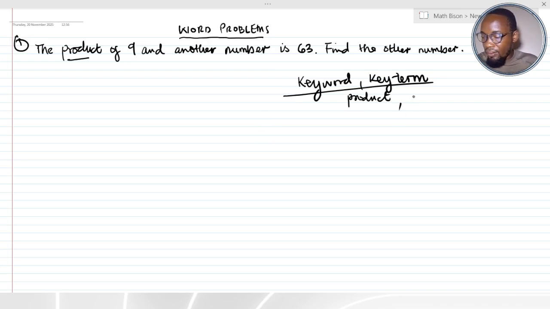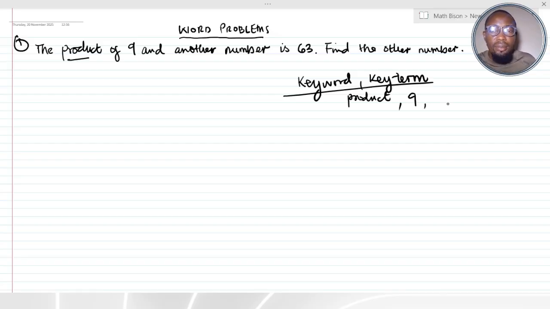9 itself is a keyword because if we change it to 10, the answer will be affected. Another number is not really something that can change. I can say it in another way. I can say another number, I can say a number, nothing is happening.